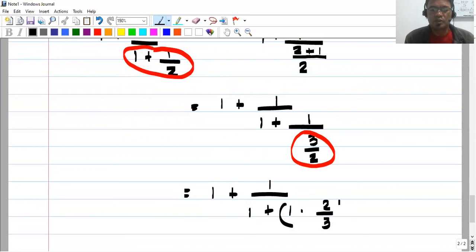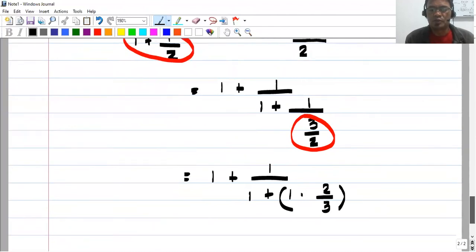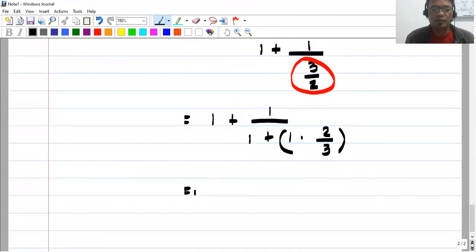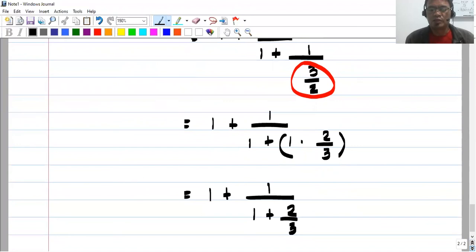So that is our fraction here. Again, simplifying further, we have 1 plus 1 over 1 plus 2/3. So we have 1 times 2/3 is 2/3. Okay, let us continue.